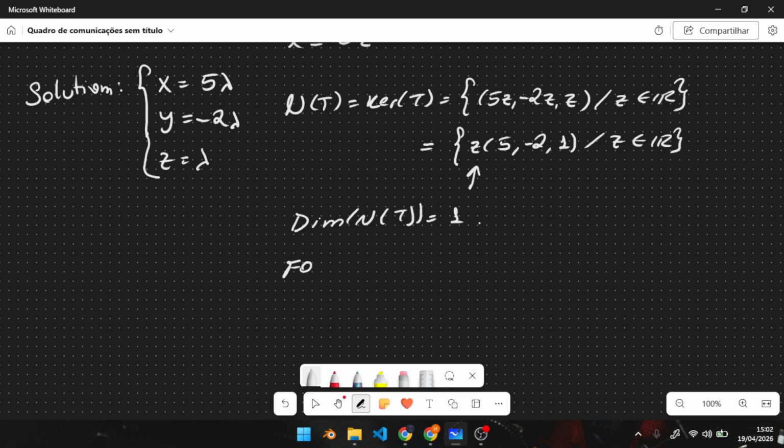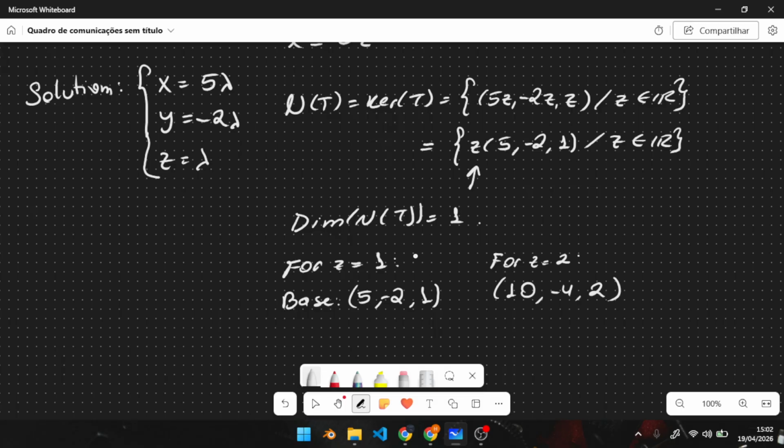So for example, for z equals 1, you have the basis (5, -2, 1). Okay, for z equals 2, you're going to have (10, -4, 2).